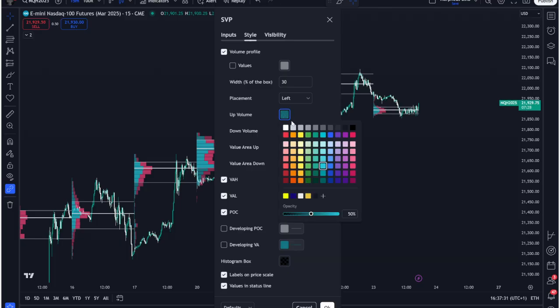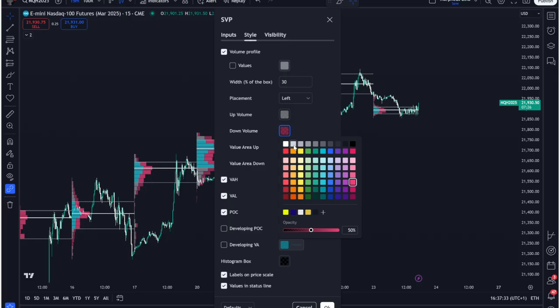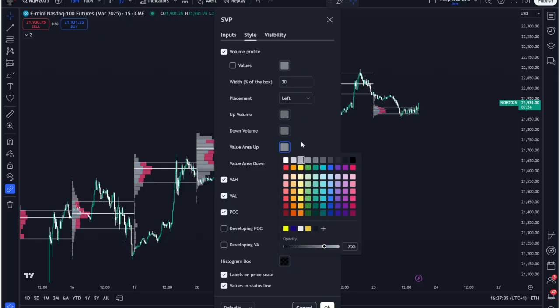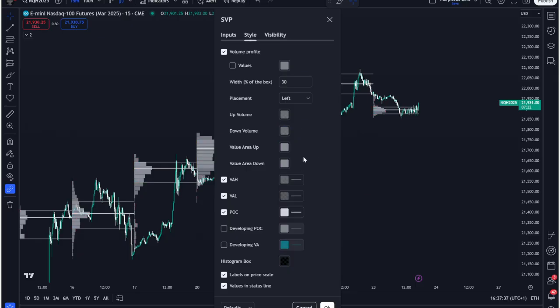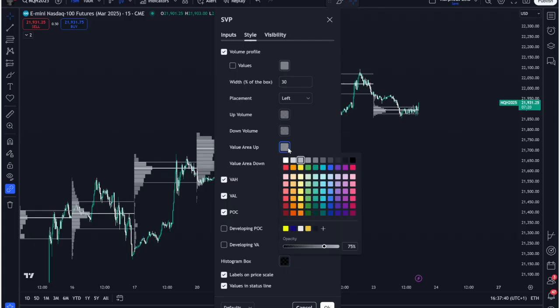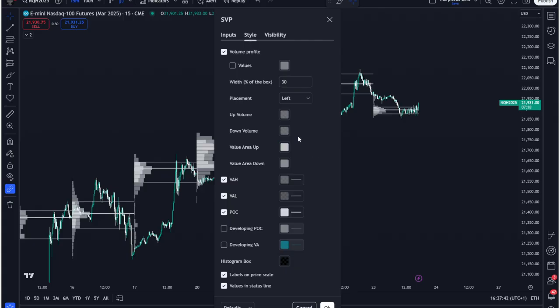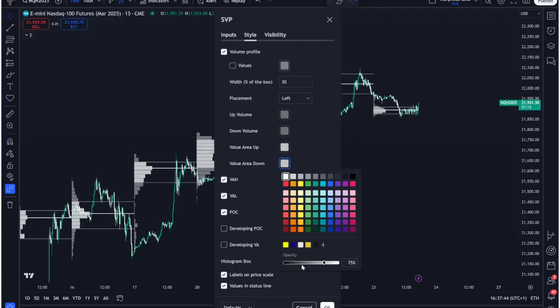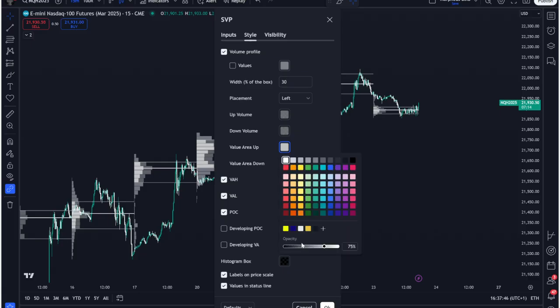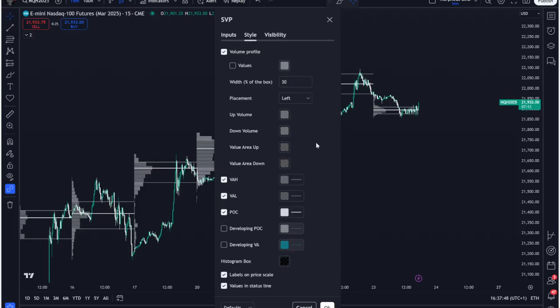Now let's go on. Let's pick colors that are not too expensive on our eyes, and let's make the color a little bit more visible, a little bit darker on the inside, where 70% of the volume is exchanged.